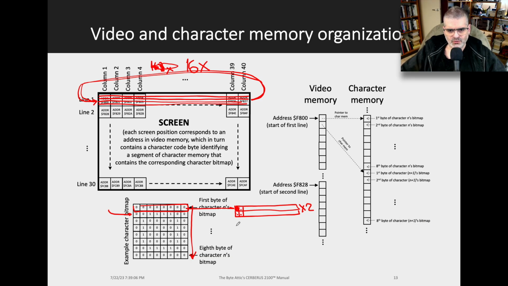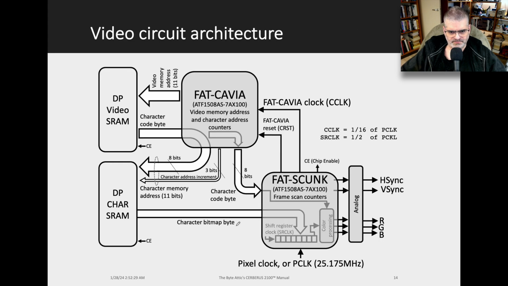All right, so how do we do all this? This is the circuit. It uses 2 custom chips, Fat Cavia and Fat Skunk. Fat, it's because these are more robust, bigger versions, more pins than the original Cavia and Skunk in the original Cerberus 2080 a few years ago. Both of them are implemented in complex programmable logic devices, CPLDs.